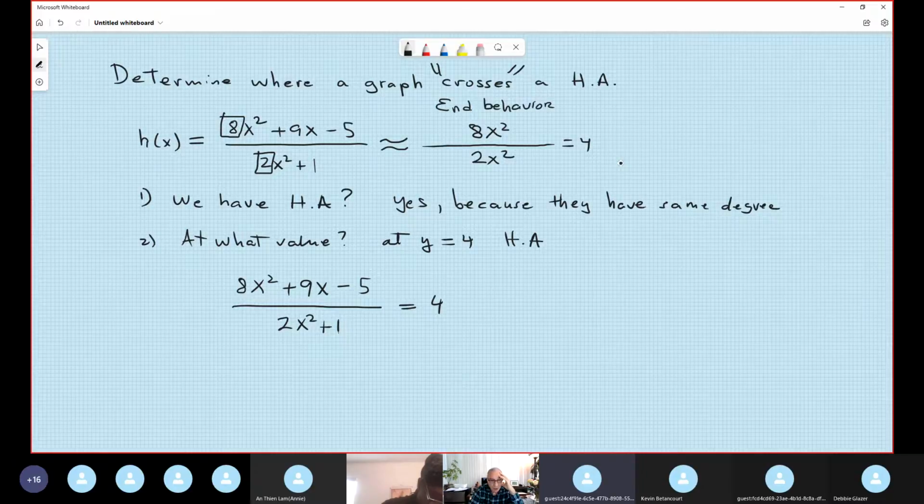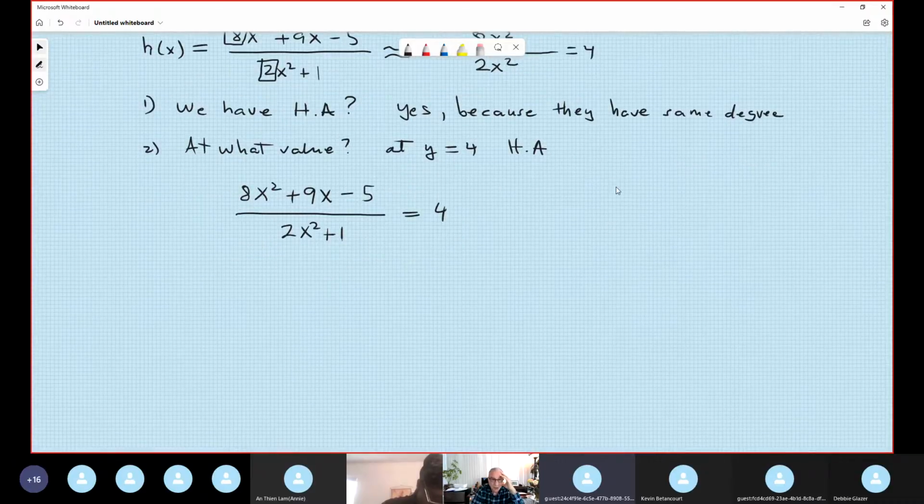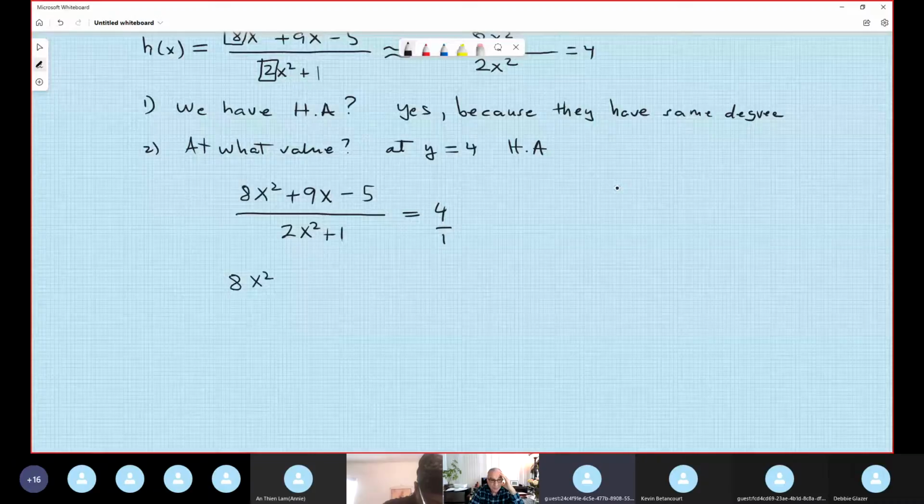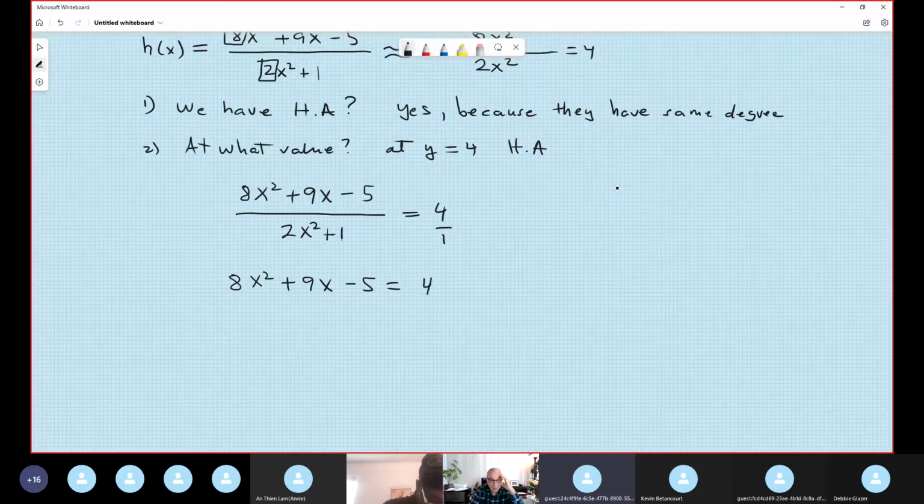Okay. So now you have on your paper 1 equation, and you solve this equation. I propose doing the cross multiplication. You multiply 8x squared plus 9x minus 5 times 1, stays the same, equal 4 times 2x squared plus 1. Everyone follow me? Algebra?